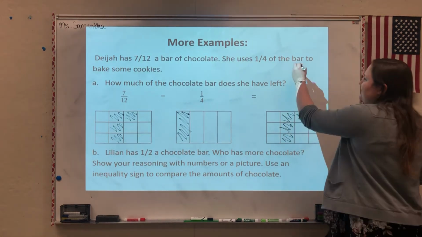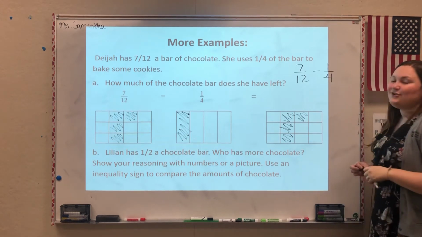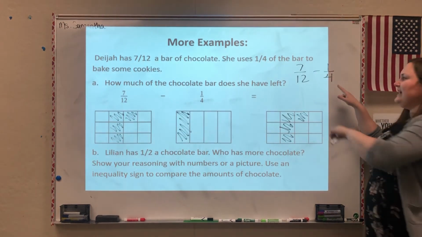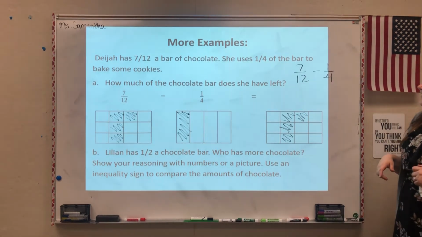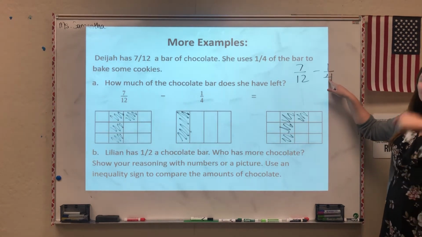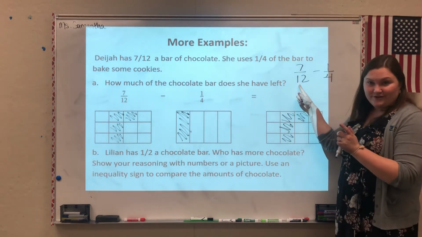If I gave you 7/12 minus 1/4, just like in that last problem, I cannot do that subtraction until those denominators are the same. So looking at that, also like last time, I want to change the fraction with the smaller denominator and make it look like the fraction with the larger denominator.